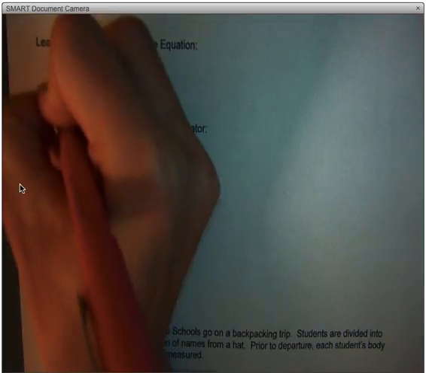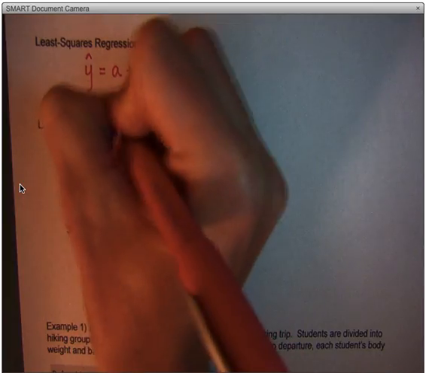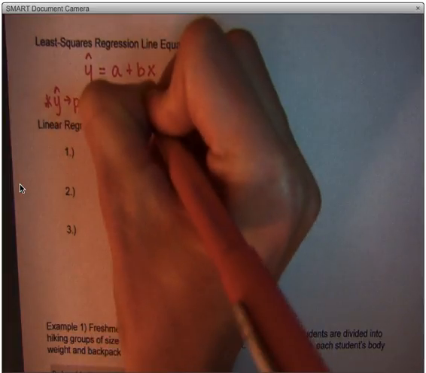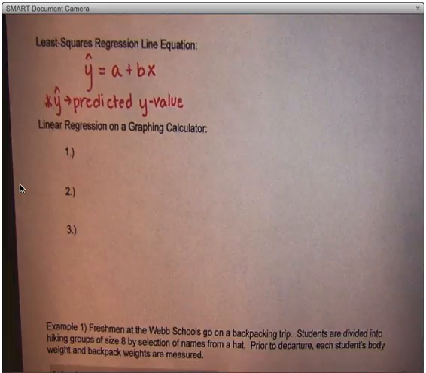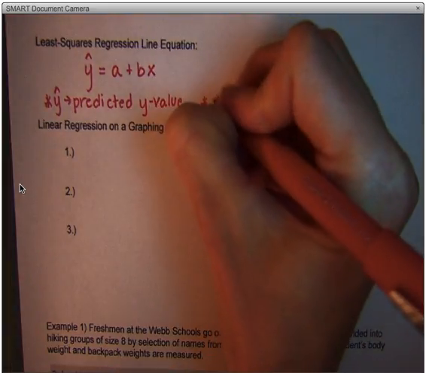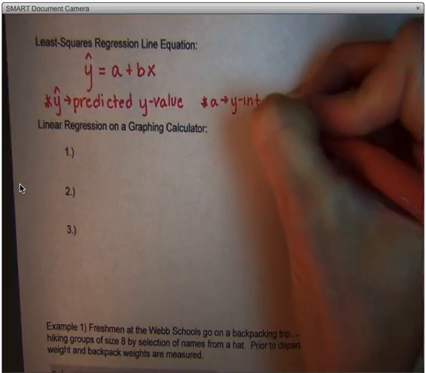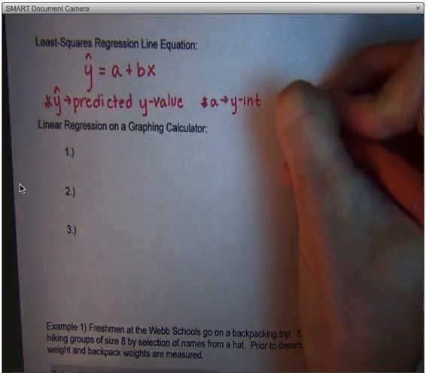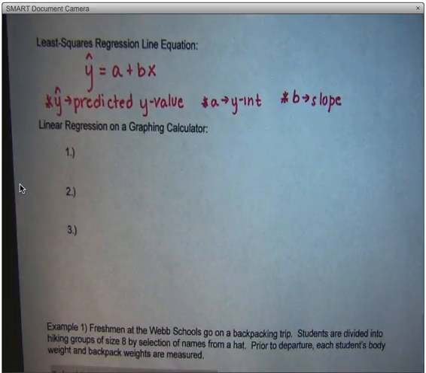The y hat is the predicted y value. A is the y-intercept, and then b is the slope. So whenever we do graph these, I don't expect you to graph them perfectly, but I do expect them to go through x bar, y bar, and to be a semi good line.